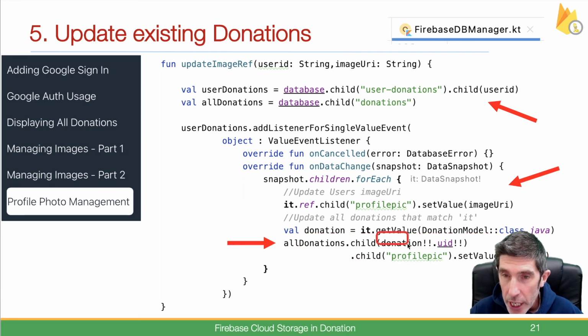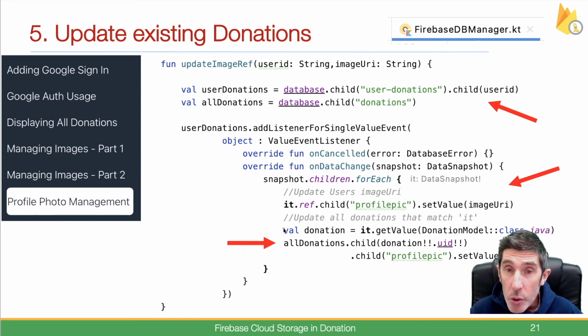Sorry, I take the UID from the donation that we're looking at. So as we're running through all donations, we're only going to set the value of the donation that matches the user's donation. So this is only going to update the relevant donations that are tied to the particular user.